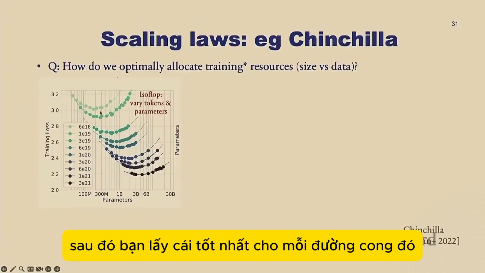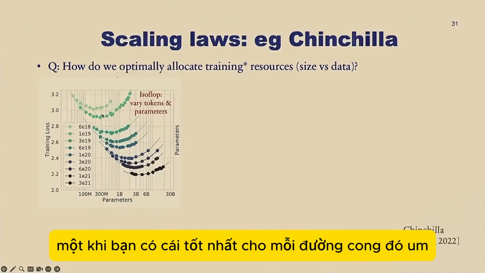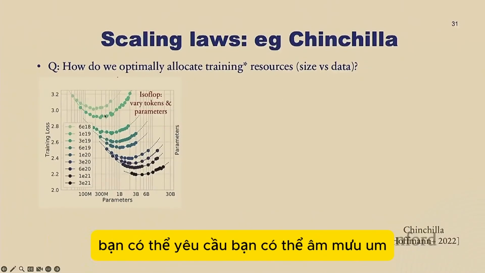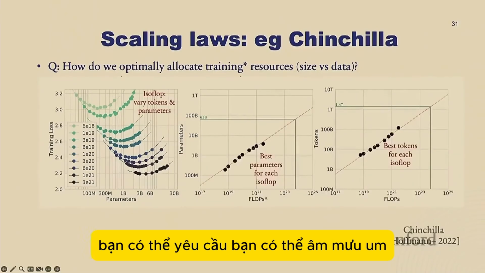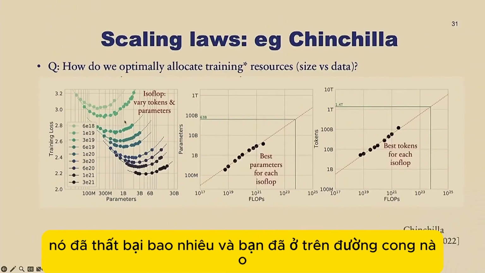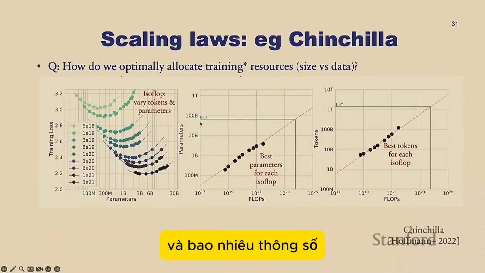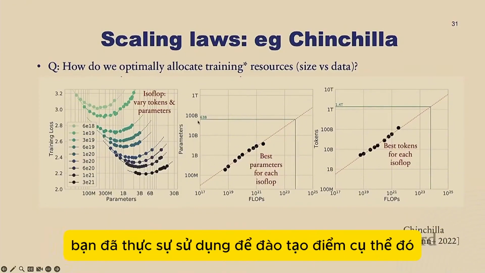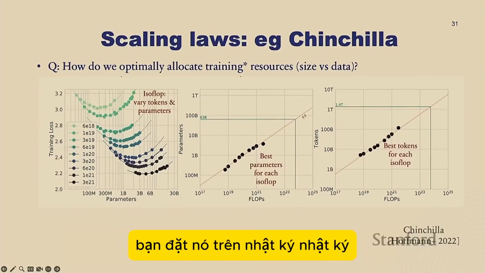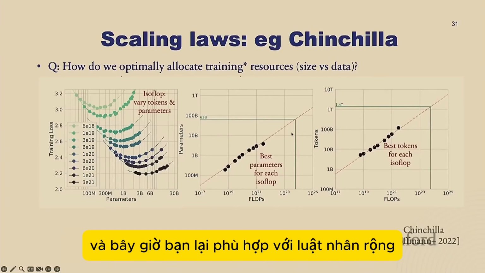Then you take the best one for each of those curves. Once you have the best one for each curve, you can plot how many flops it was, which curve you were on, and how many parameters you actually used for that specific point. You put that on a log scale again, and now you fit a scaling law again.